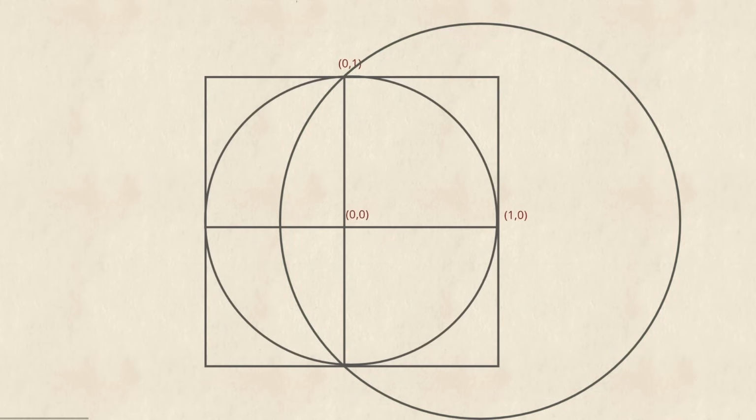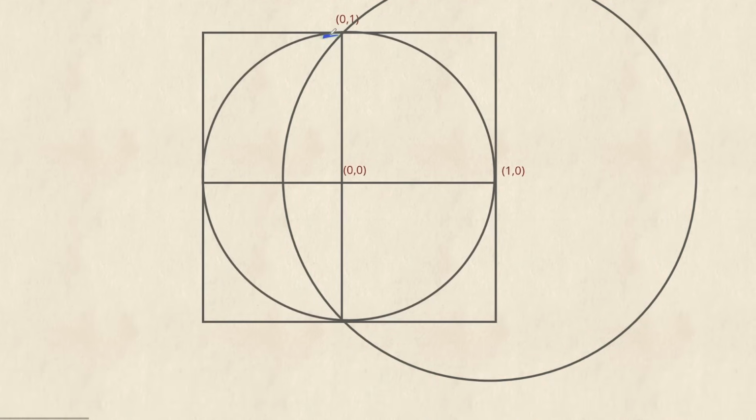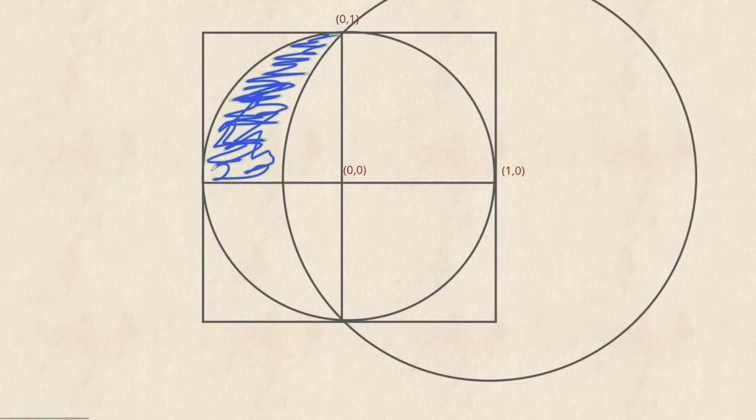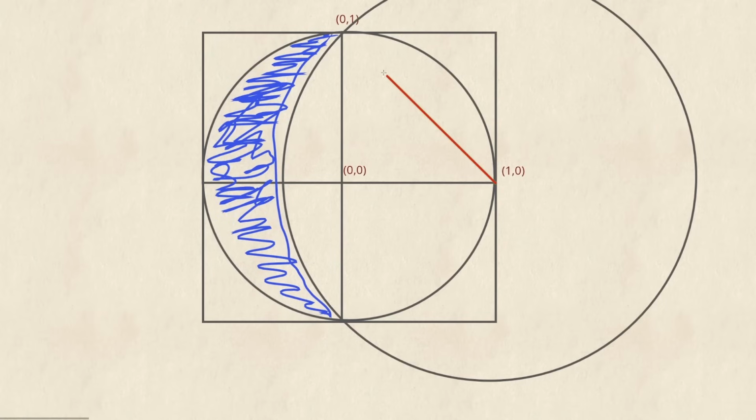So here is the next circle, and this shaded blue area is the area of our crescent that we will calculate, and let's call it area 1. Now let's take a look at the shapes that we have. So let's find the radius of the larger circle. So we connect points 1, 0 and 0, 1.